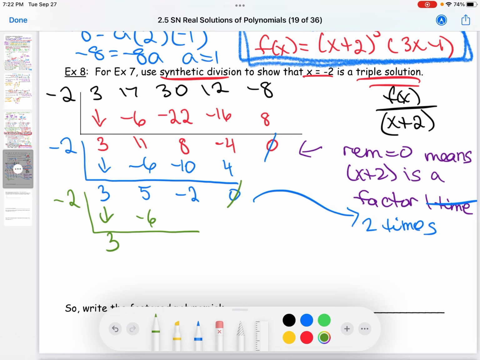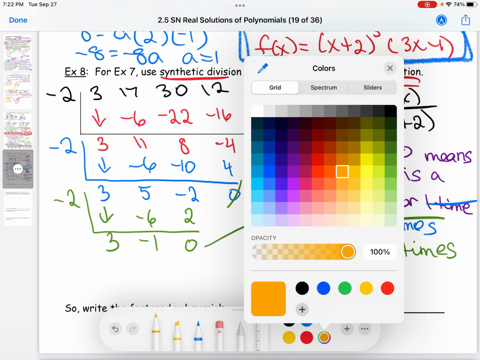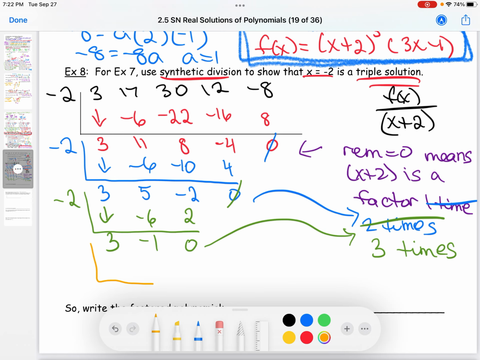-2. Bring down that 3. Multiply it to -6. Add to get -1. Multiply to get +2. Add, we get 0. And again, that means we have another factor of x plus 2. So 3 times x plus 2 is a factor. And do it again. Put that -2 on the outside.